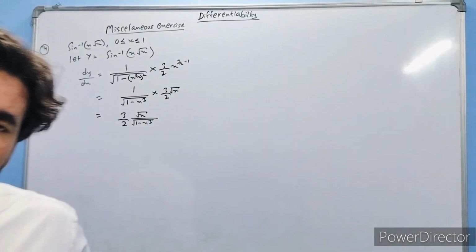Okay, so we have 1 minus x cube into 3 upon 2, and we have x to the power 3 by 2 minus 1, that is 1 by 2, it will be half. So we can write this as 3 by 2 root x upon 1 minus x cube. That's how we try to differentiate the given function.